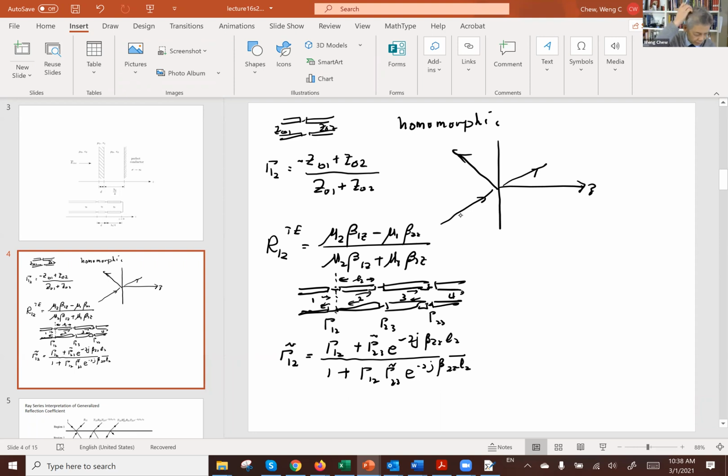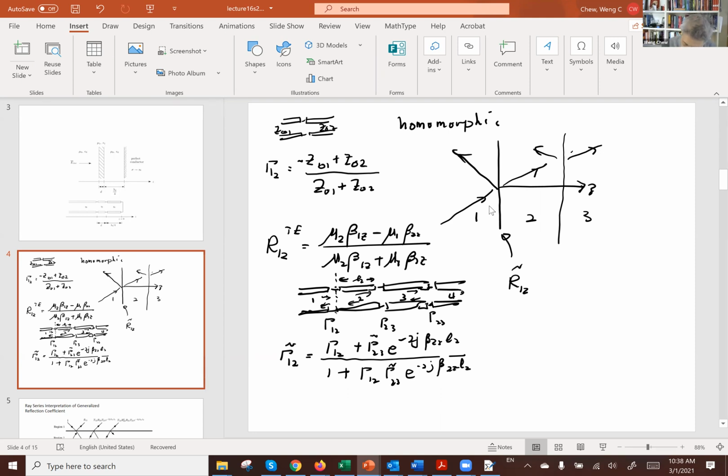Okay, so using the same concept, we can say that if we have a layered medium where we put in more than one layer, then the wave will bounce back in this manner. And then you can define a generalized reflection coefficient for the 1,2 interface. Let's say that this is medium 1, 2, and 3.